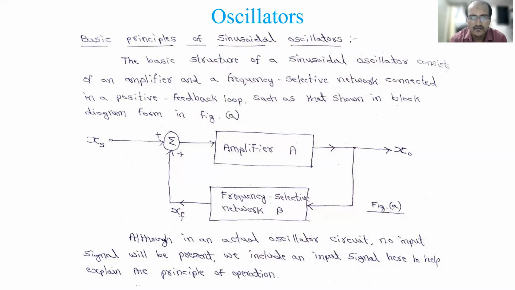So what is meant by an oscillator? An oscillator is an amplifier along with a frequency selective network forming a positive feedback loop.